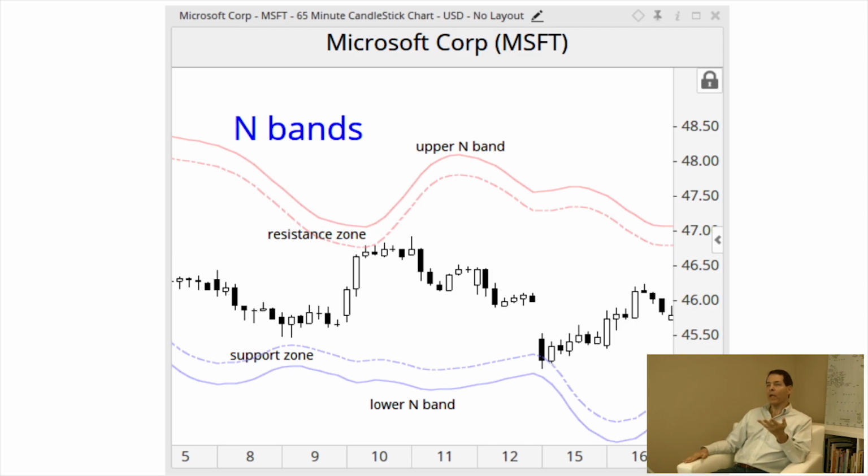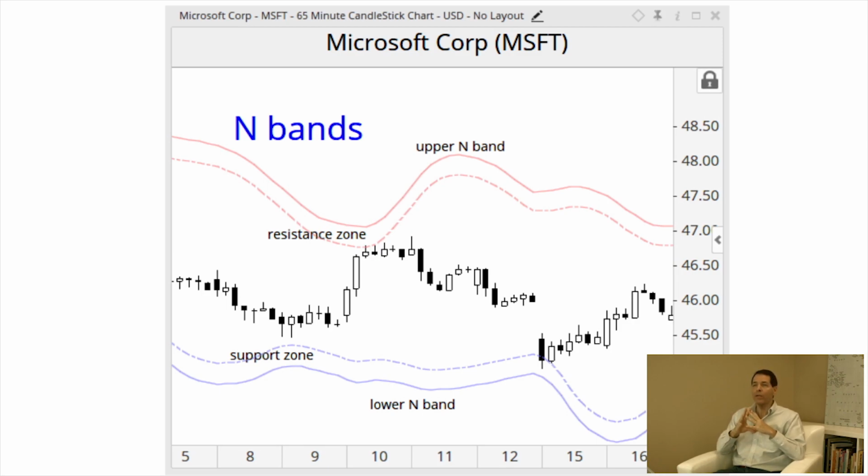And on this chart with Microsoft, I think this is a 65-minute chart, so it's intraday. And price goes up, for instance, on the 10th, and begins to get to resistance. And the market has to sort that out. Now, the point of resistance is where buyers and sellers are going to battle it out. Supply and demand is going to battle it out.